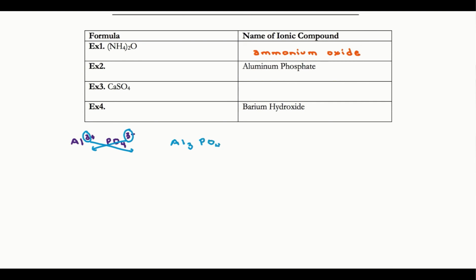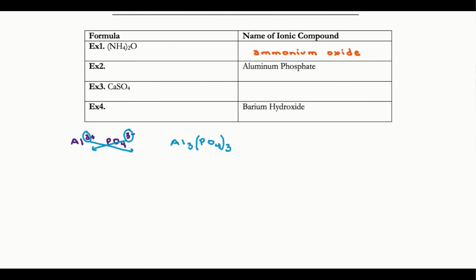Here's the one thing with polyatomic ions when you're writing formulas that you need to be careful with. If I just wrote a 3 like this, that would look to me like I have 1 phosphorus and 43 oxygens. But I don't want 43 oxygens, I want 3 phosphates. So what I need to do is just put phosphate in parentheses, and I'm good.